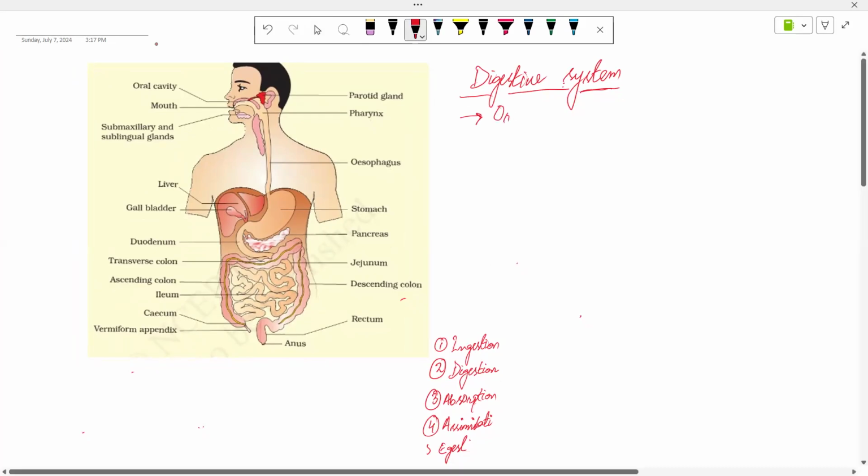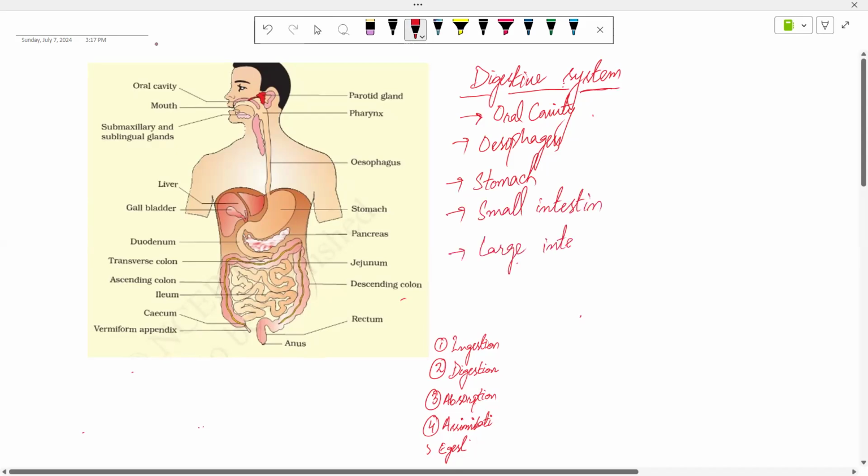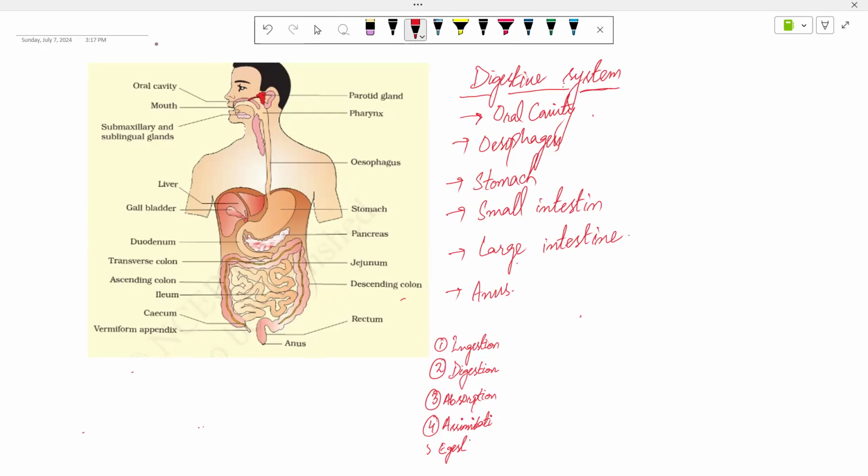Starting from the oral cavity, which contains different organs, then the esophagus, then the stomach, small intestine, and large intestine. And then the last part, the anus. You have to memorize all these parts in sequence.